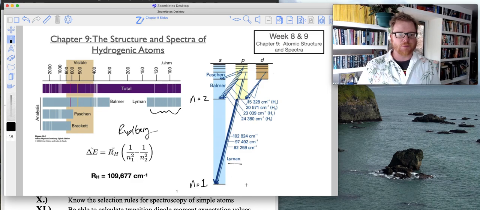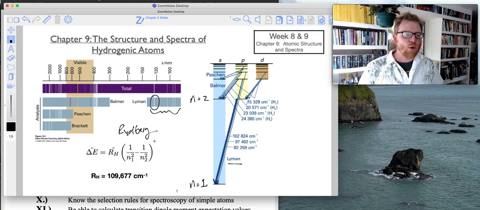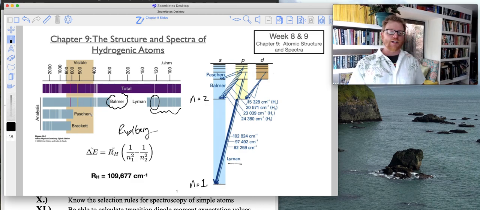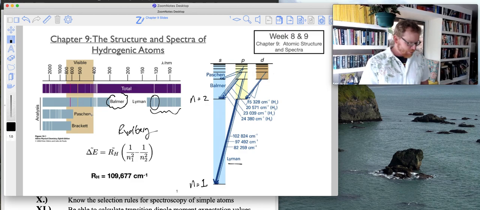Specifically, Lyman alpha is given by this line right here at 125 nanometers. Then we've got the Balmer, the Paschen, and the Brackett series. What you're most used to seeing with hydrogen is the Balmer series, which gives us those very famous red, yellow, and blue lines that you may remember from Chem 109.